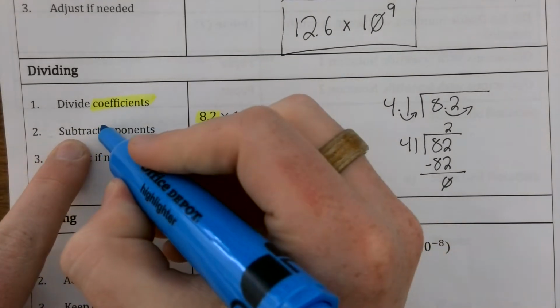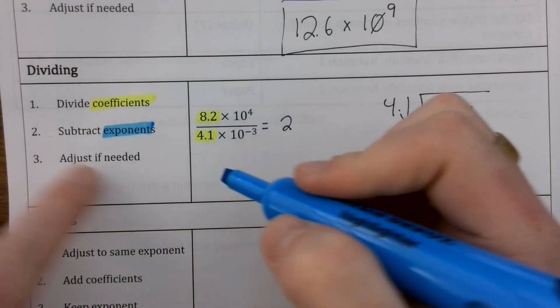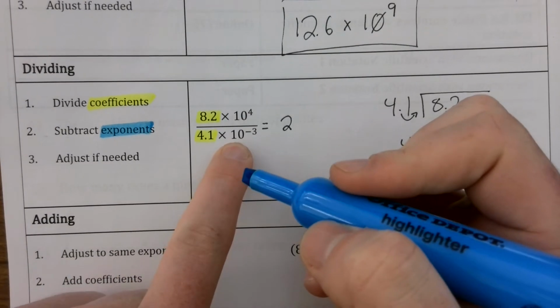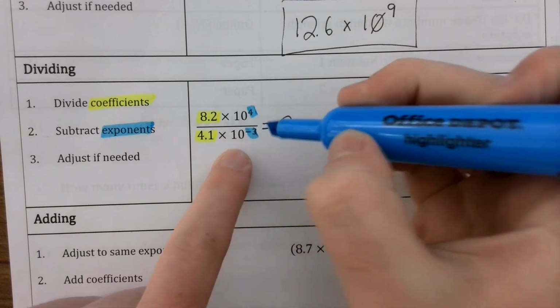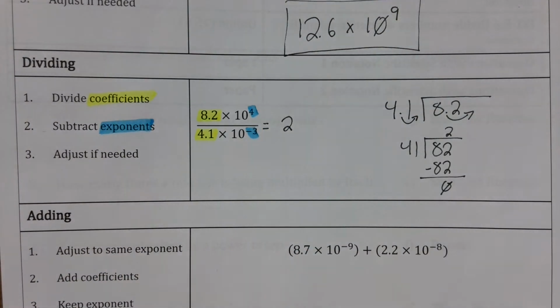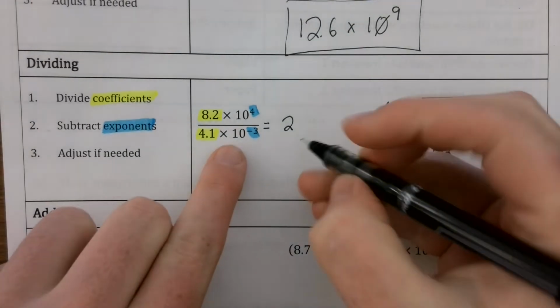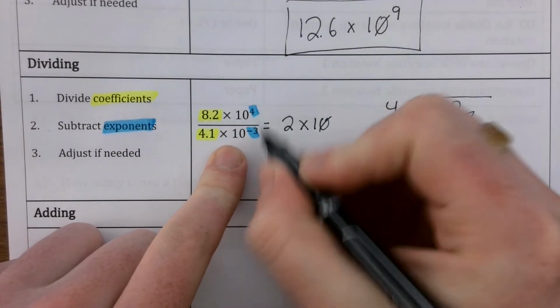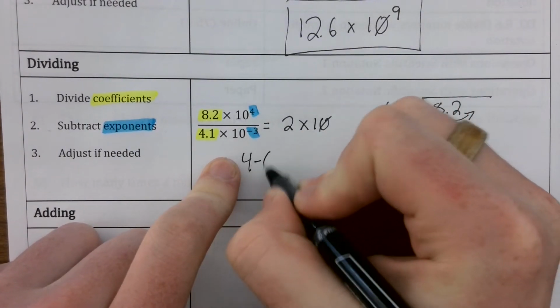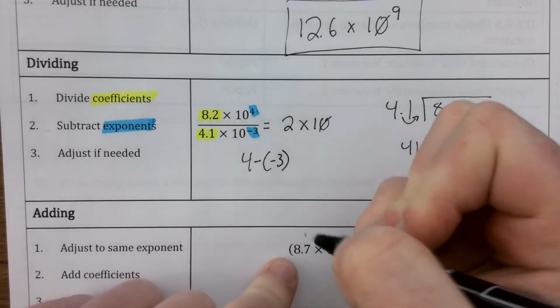Next, we're going to subtract our exponents, because our rule when we have the same base with exponents and we're dividing is to subtract. So we have 2. We're going to keep the times 10 piece, and then we're going to do 4 minus negative 3.